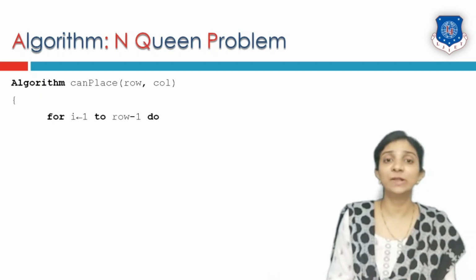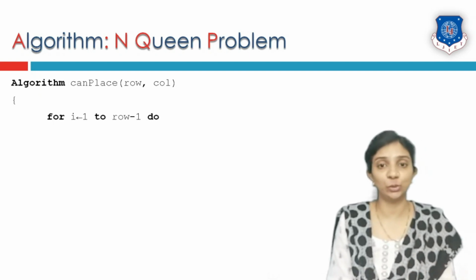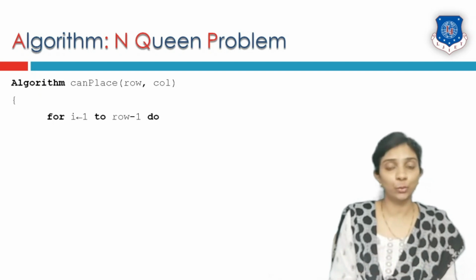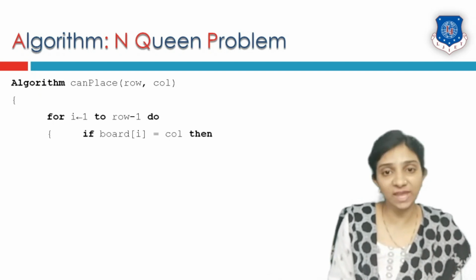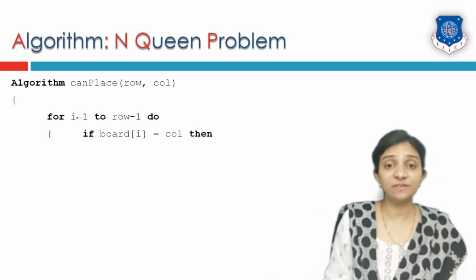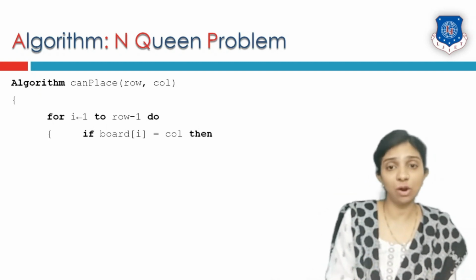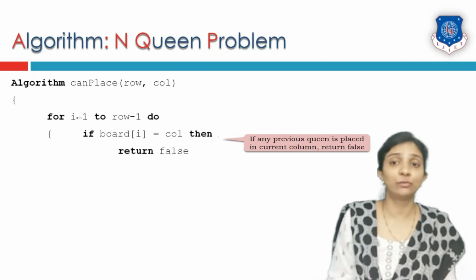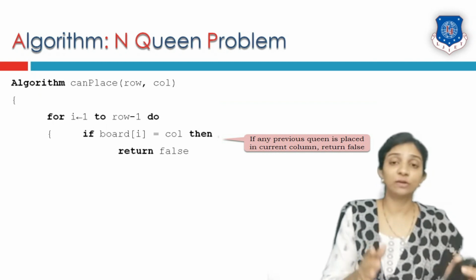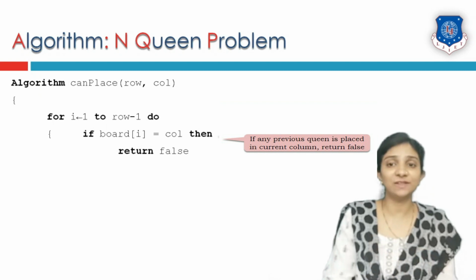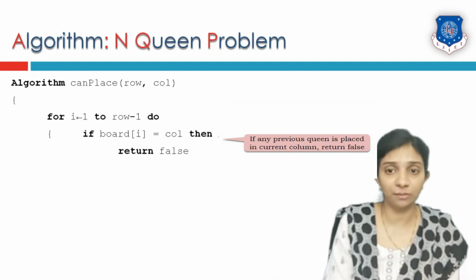That's why the loop will start with I equal to 1 and go up to row minus 1. That means the already placed queens. If they are placed inside a particular column, then we have to return false because it says that some previous queen is placed in the current column.